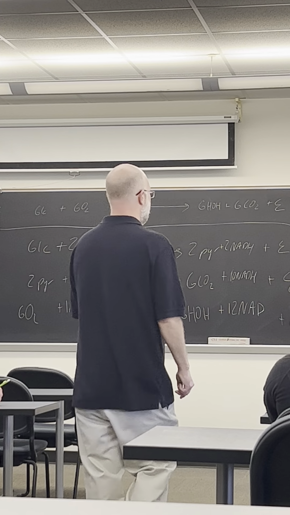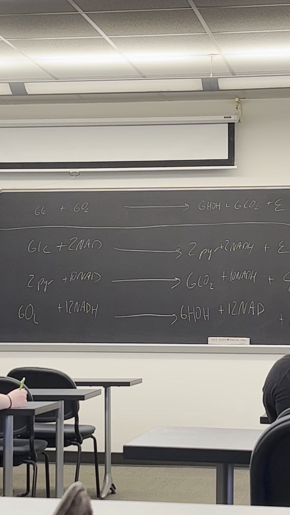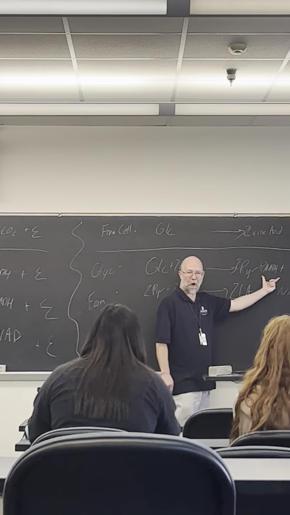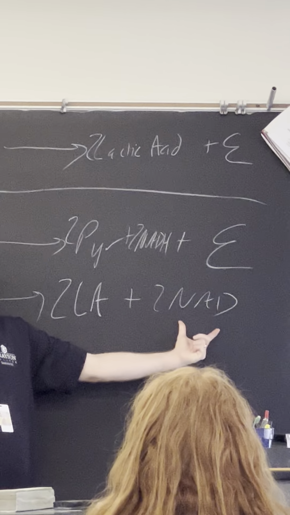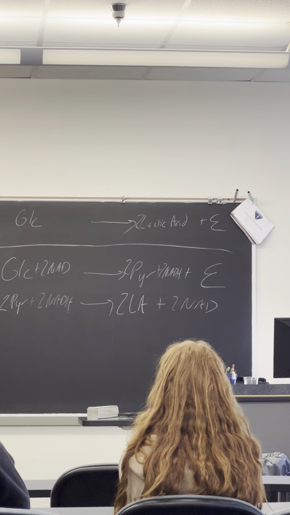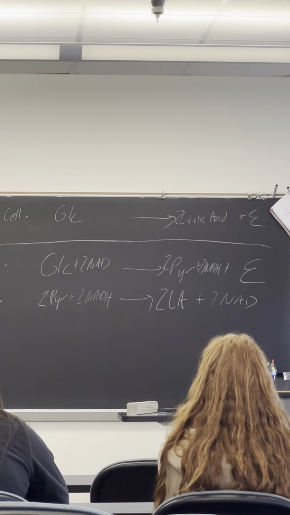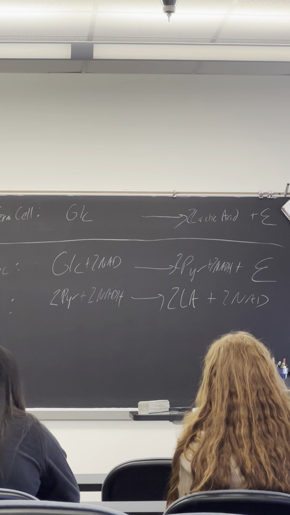I thought that says 7 NAD up there. No, it's two. So two NADH. This one doesn't produce any NAD at all, it produces NADH. Oh, that one produces NAD. That's why I got it wrong, cause your handwriting is terrible.